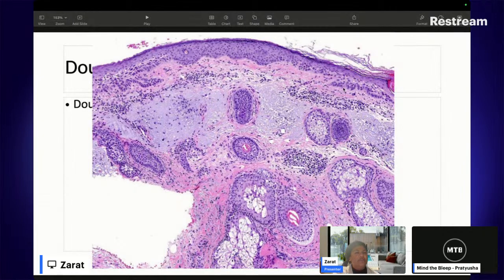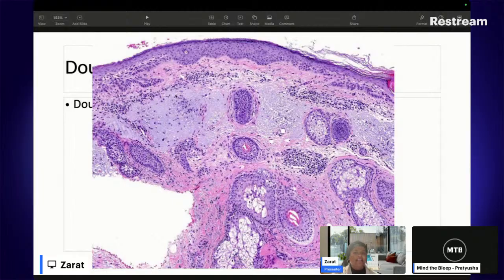It's just not quite nice, because it's usually in a nice line like a fence. But here, especially if you look here, some of these nuclei look much darker, and these cells look like they have less cytoplasm. So I think we can say that the problem is in the epidermis.